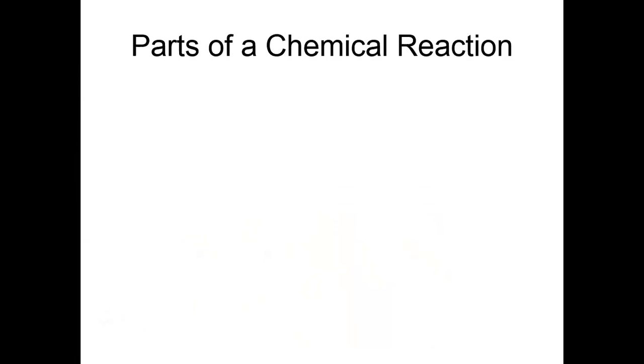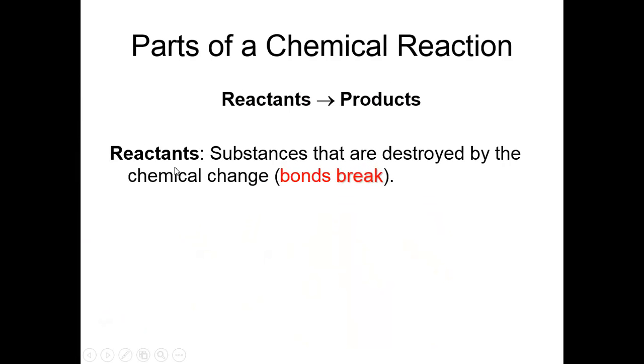Parts of a chemical reaction: reactants and the products. We see that the hydrogen and oxygen gas are the reactants, and the product is the water molecules. This arrow means they react with each other and give the product.